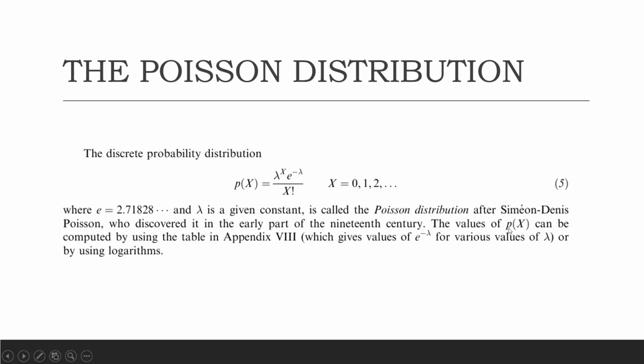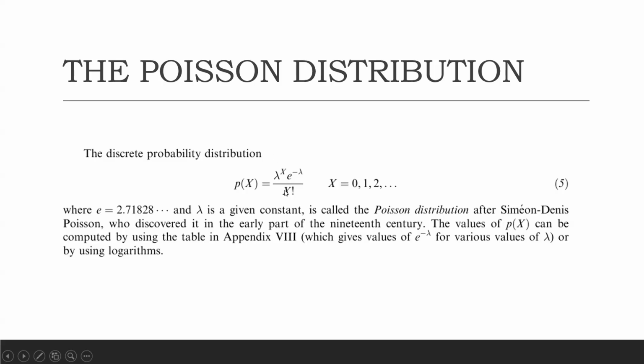The value of P(x) can be computed using the table in appendix 8, but those things are not needed. This is enough.